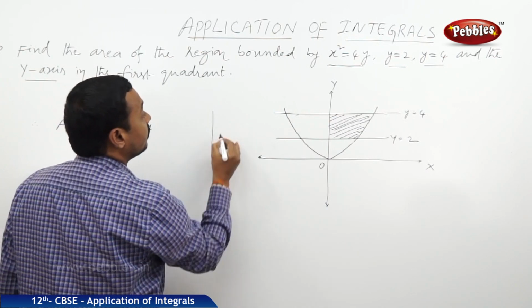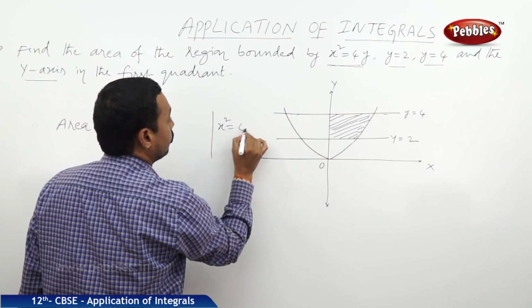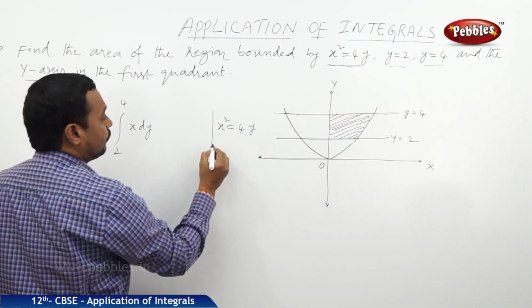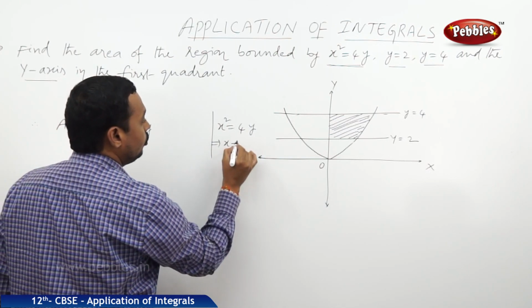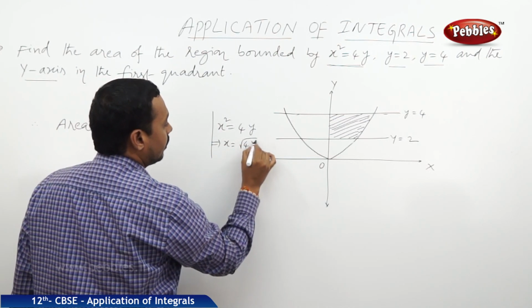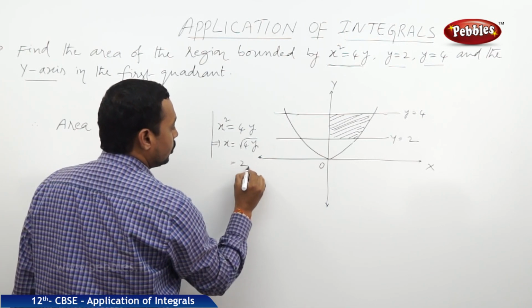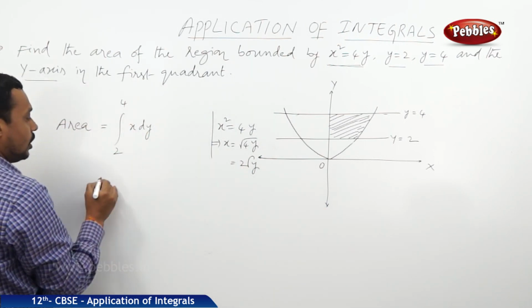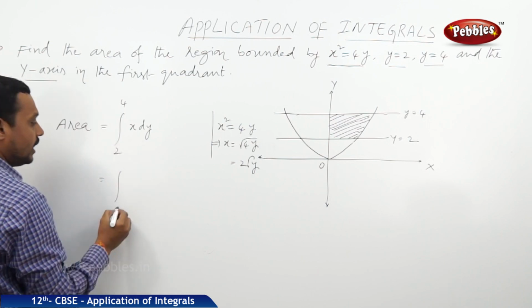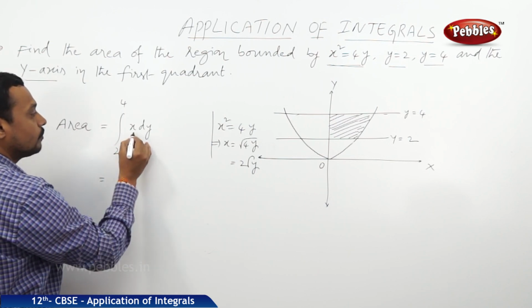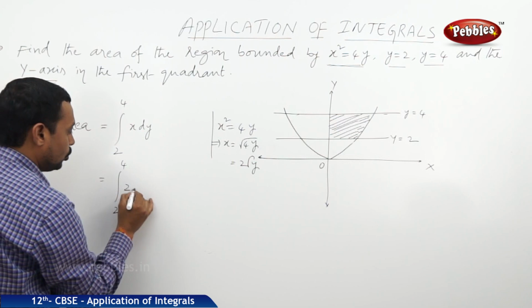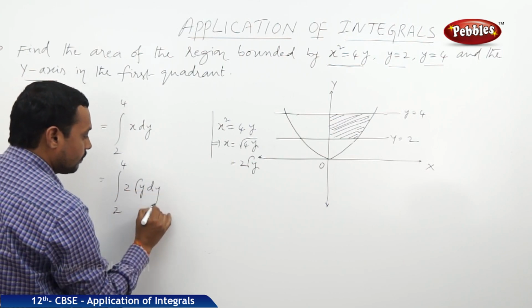You know, here the given curve x square is equal to 4y. From this, x is equal to root of 4y or 2 into root y. Therefore, the required area is integral 2 to 4, where x is equal to 2 root y dy.